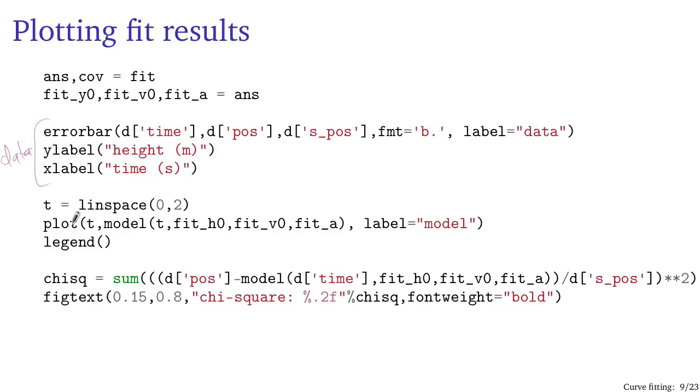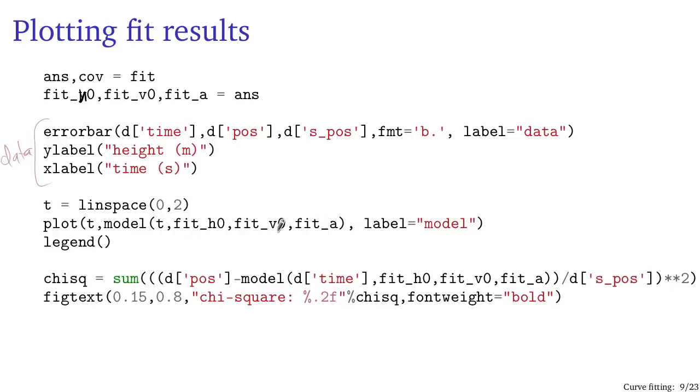Plotting that model then means using that dummy set of x-coordinates, pseudo times, if you want to think of them that way, as the x-coordinates in your plot. As the y-coordinates in the plot, you want to use the evaluation of the model. So use the model, use your fit results, fit h0, fit v0, fit a. Oops, this is a typo, this is supposed to say h0.